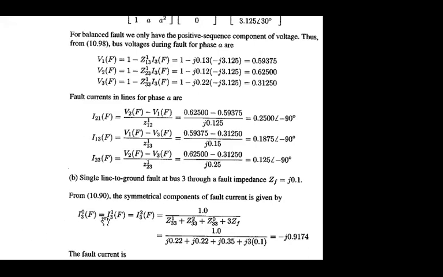So I30, I31, and I32, these are all the same. Why are these all the same? Can you recall why it is the same for the single line to ground fault scenario?